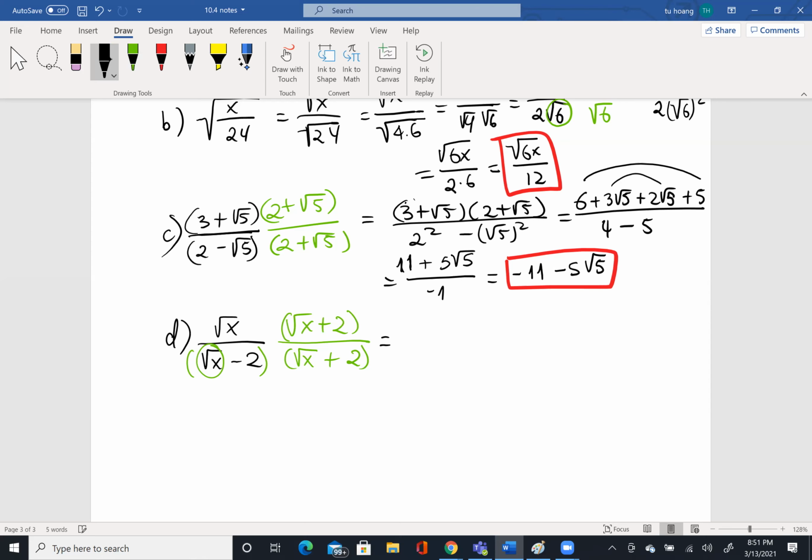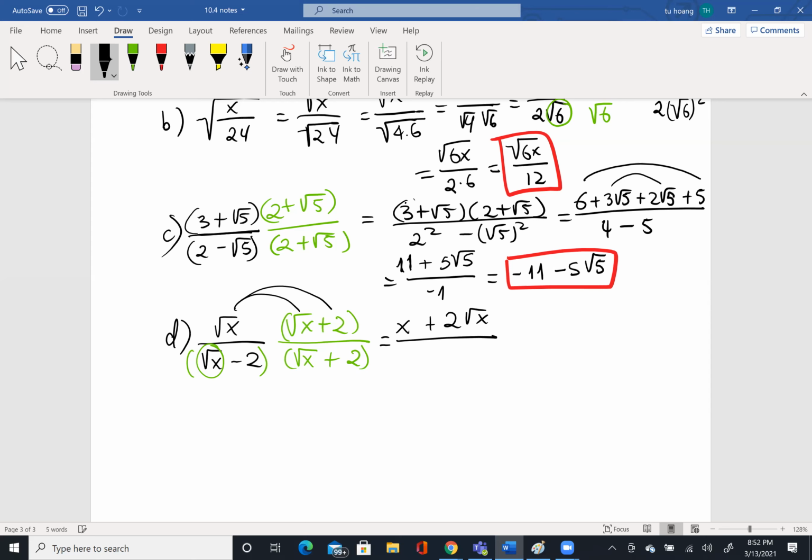And now you're going to multiply the top. You have square root of x times square root of x going to be x. Square root of x times 2 going to be 2 square root of x.